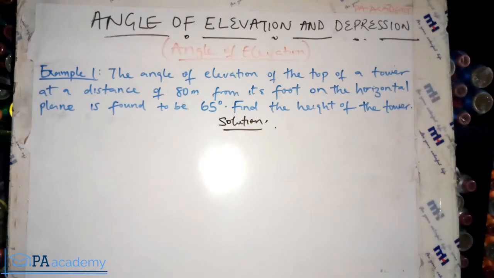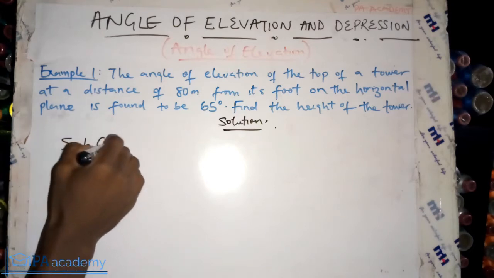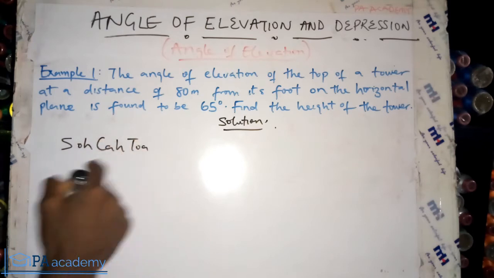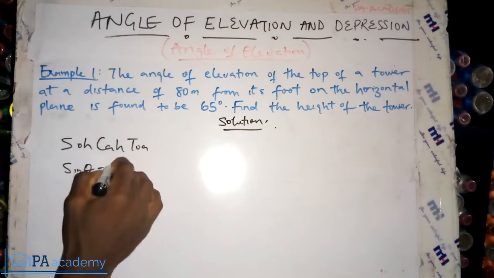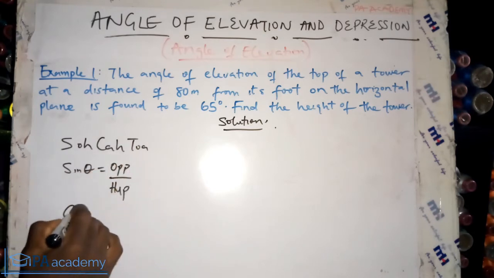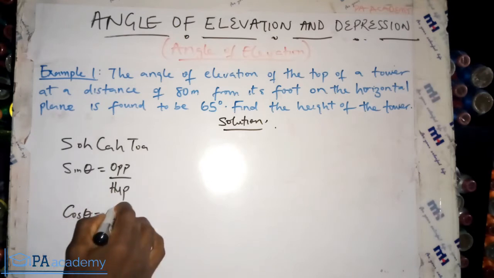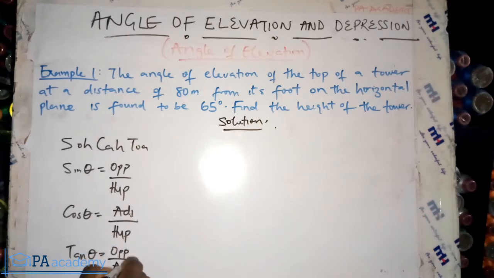You have to have knowledge of SOHCAHTOA, where sine theta is opposite over hypotenuse, cos theta is equal to adjacent over hypotenuse, and then tan theta is opposite over adjacent.